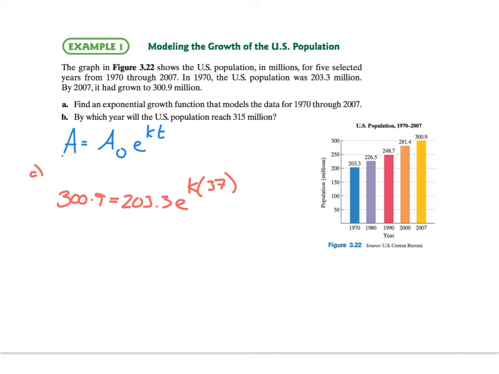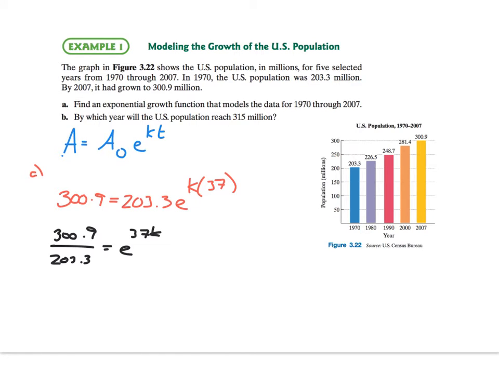For part A, we need to solve for k to find our growth rate. Taking what we've learned in the previous section, the first thing I do is divide both sides by 203.3. That gives me 300.9 divided by 203.3 is equal to e to the 37k.